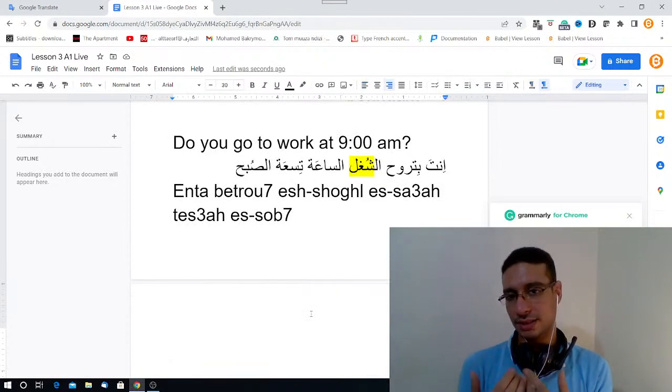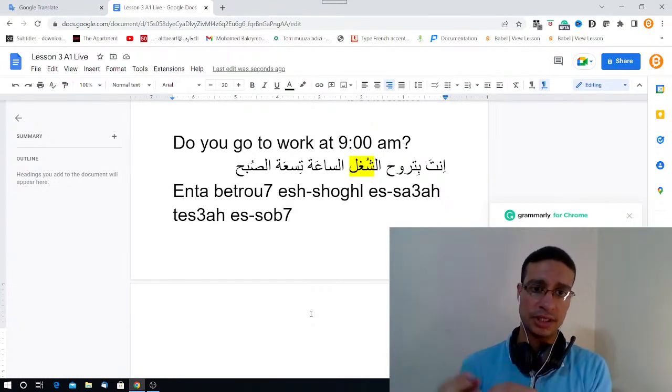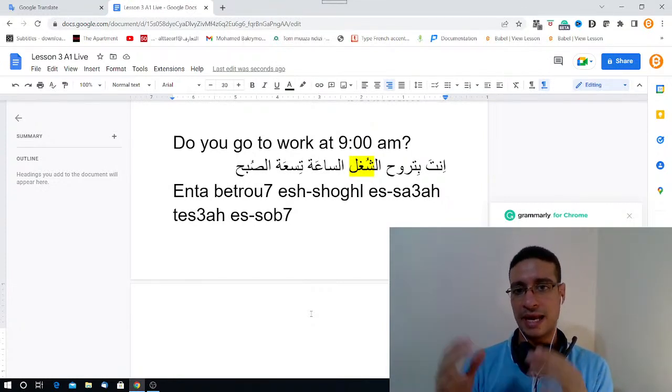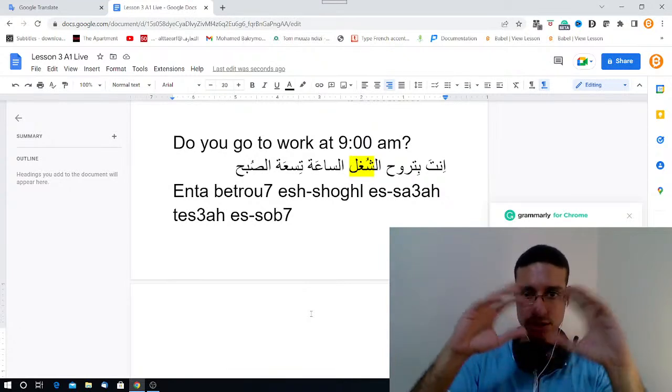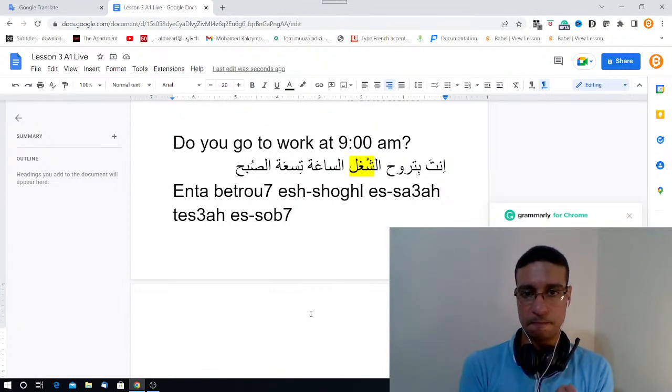I know, of course, that this sentence is a bit difficult for A1, but we are just trying to learn together how the sentence is structured, how it works. Then we have inti.